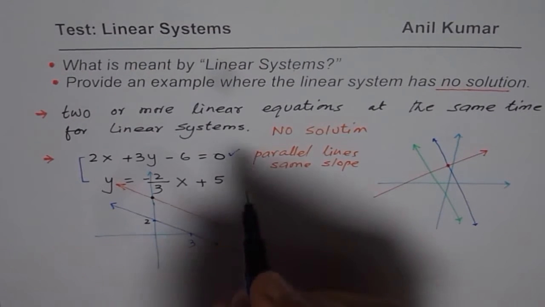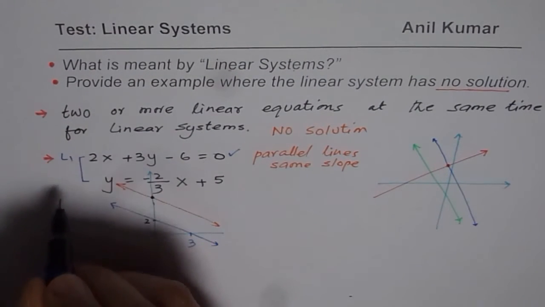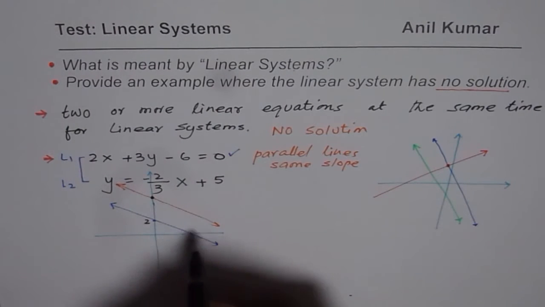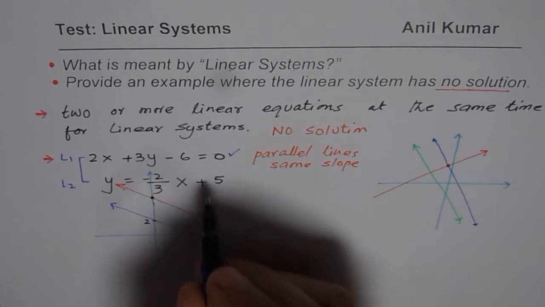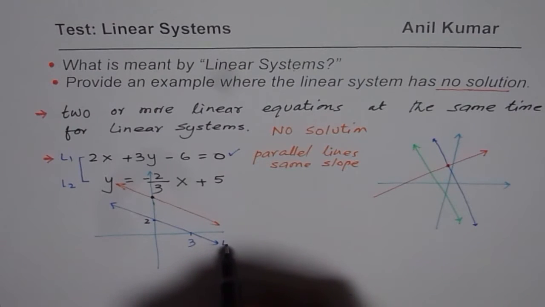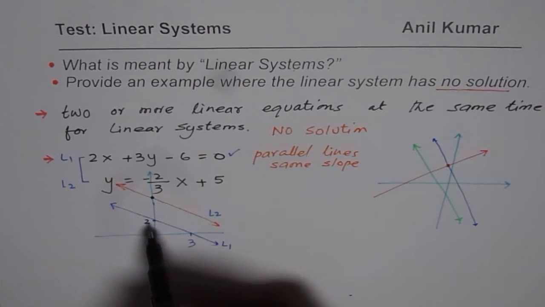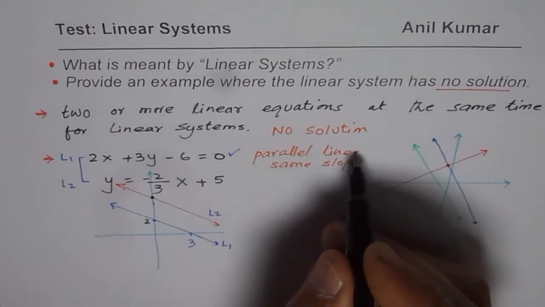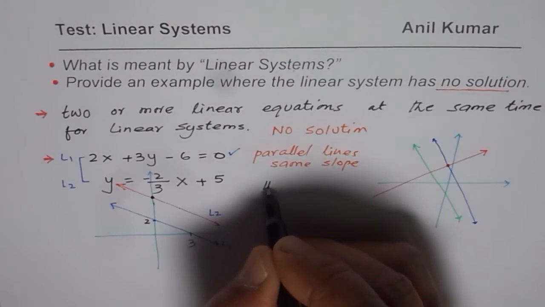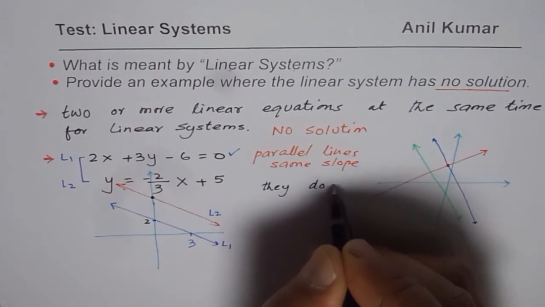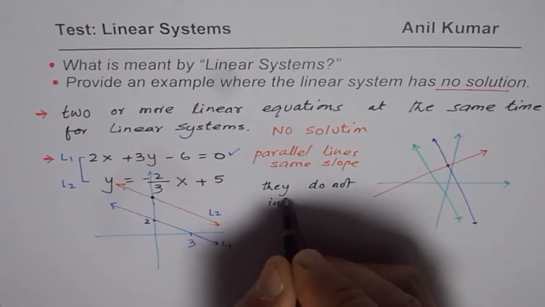So we can name these two lines as line 1 and line 2. Line 1 is the one given to us here, and then line 2. Since these two lines are parallel and they do not intersect, there is no solution. Parallel lines, same slope, they do not intersect.